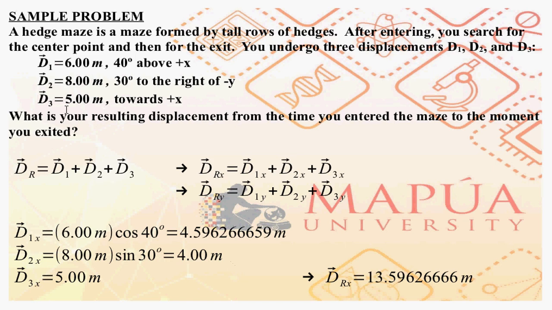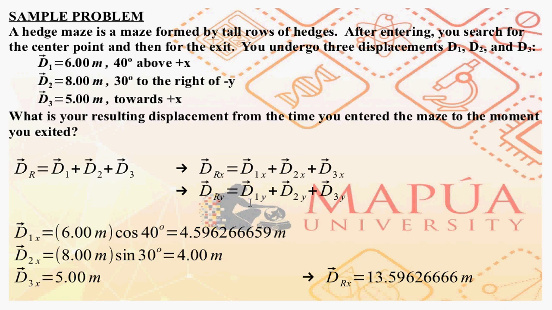D3x, D3 is towards positive x, so all of the 5 meters is x component. So D3x is 5 meters. Adding all the x components together, you have Drx equals 13.59626666 meters.